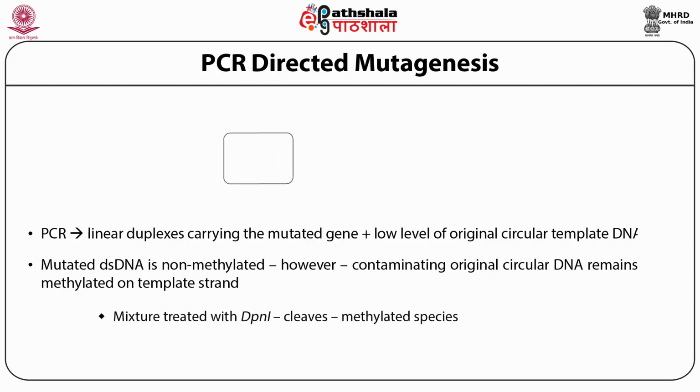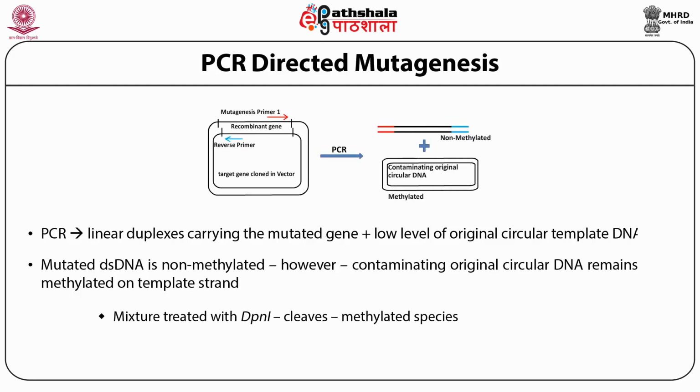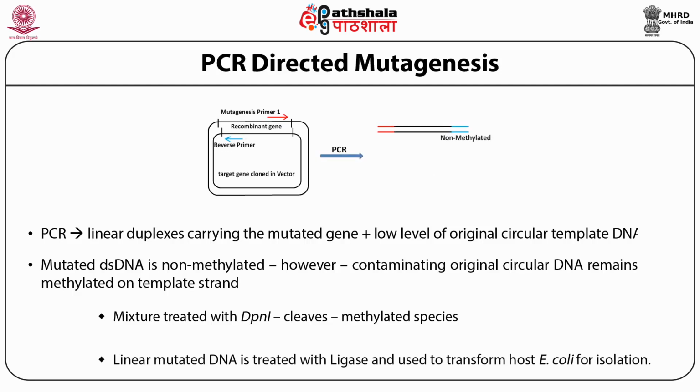So the mixture of this PCR amplification is subjected to DpnI restriction. DpnI will target only the contaminating original circular DNA which is methylated, because it can target only methylated DNA, and our linear DNA will not be affected by this enzymatic treatment.